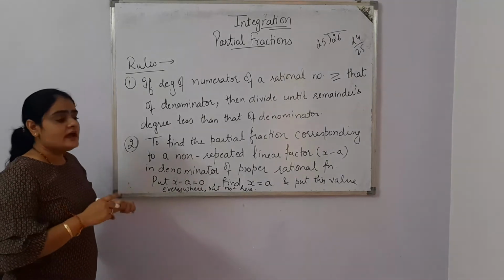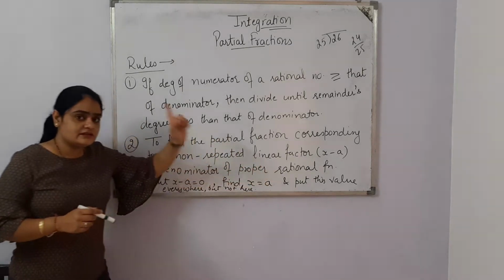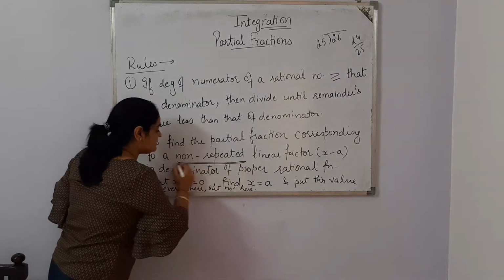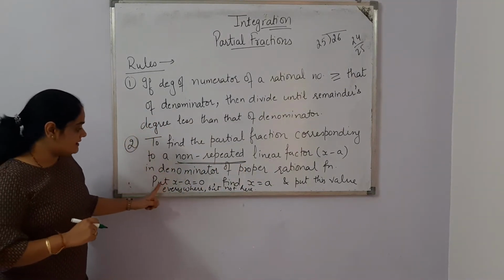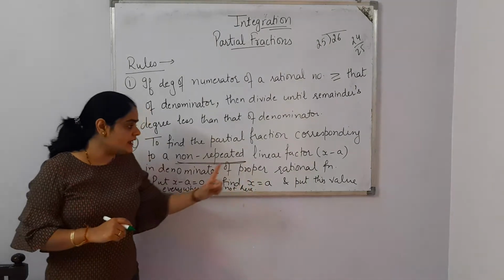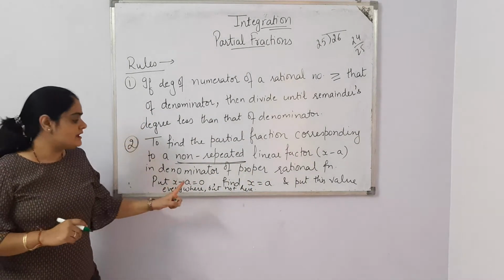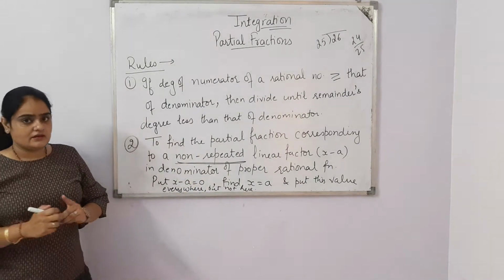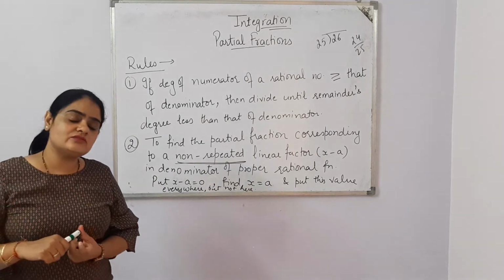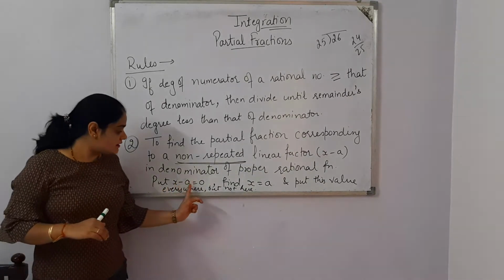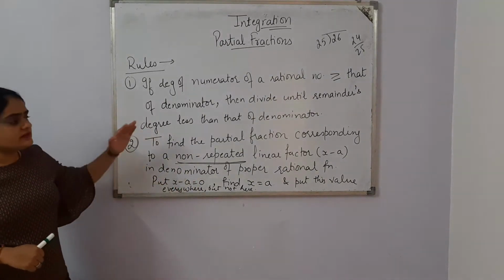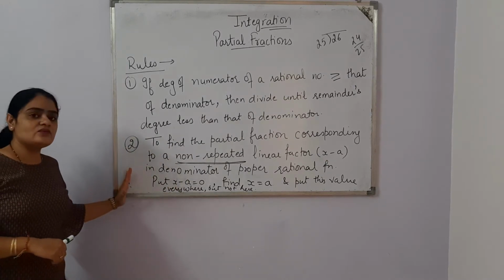If that linear factor is non-repeated, then we put x minus a equals 0, that means we find x equals a, and we substitute this value everywhere except in the equation from which we have already found that x equals a. So this is the very first rule, and this is the second rule of partial fractions.